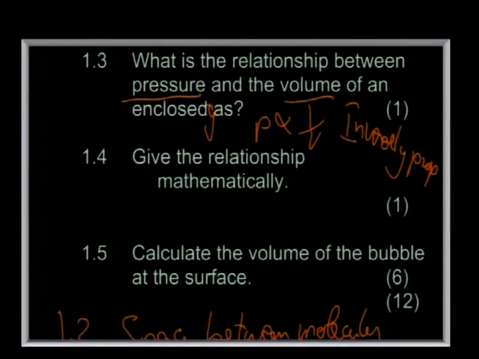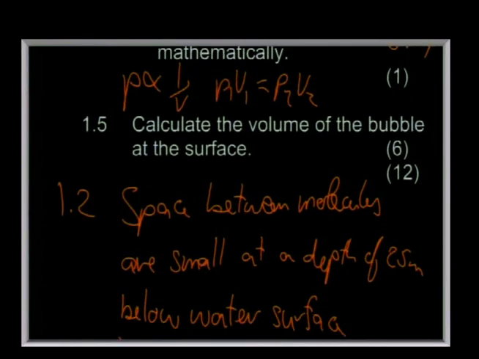Mathematically, we would write it as either the symbol that I've given over there, or it would not be incorrect to write P1V1 is equal to P2V2. Now, the last part of the question, 1.5, said calculate the volume of the bubble at the surface. Now, as I mentioned to you earlier, we're having to look at all the variables. So we need to make sure that we've got all the given information sorted out.